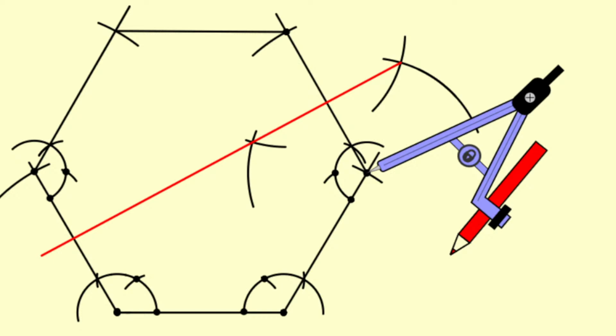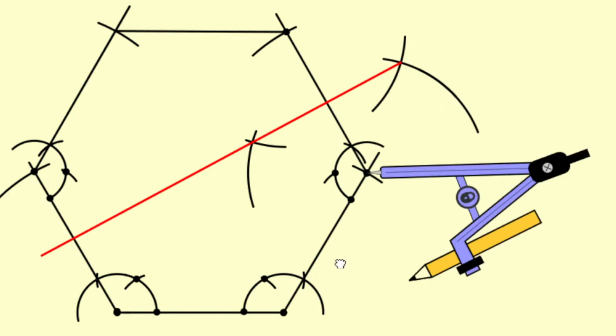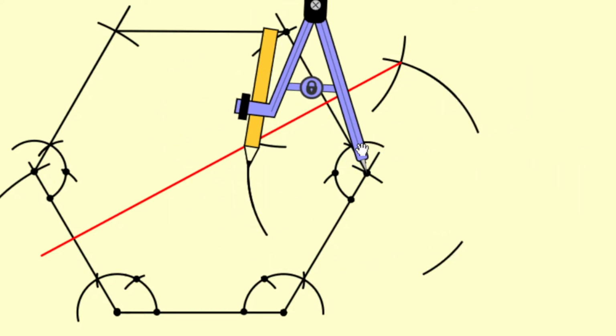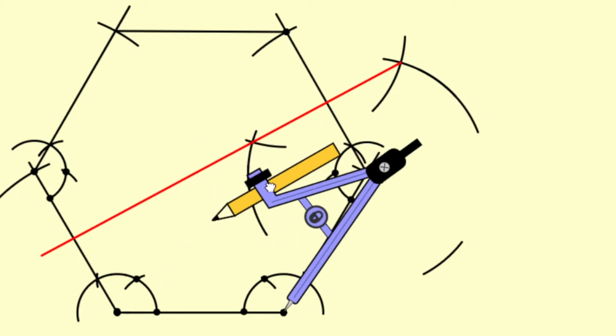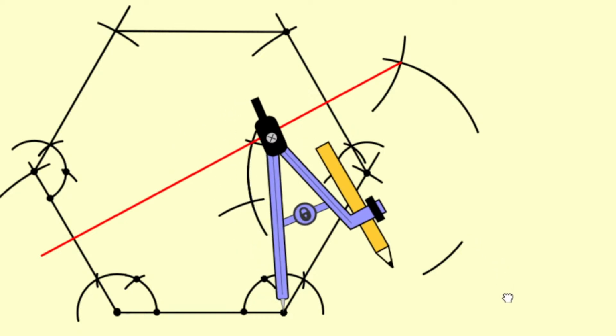Again, the compass should be more than half. It's already more than half. Now one arc up and one arc at the lower side. At the other endpoint, now I keep my compass, one arc up and one arc at the lower side.